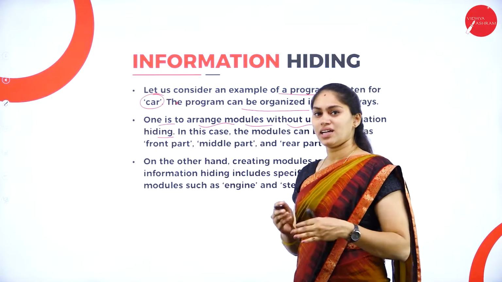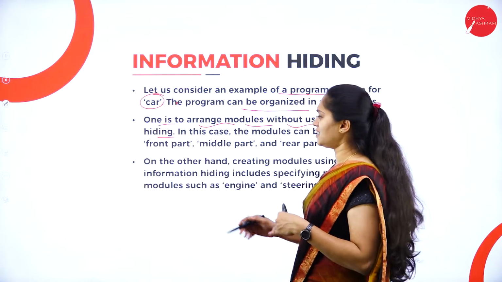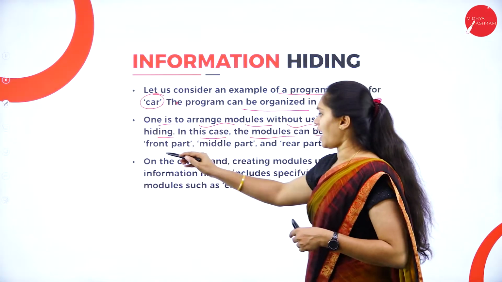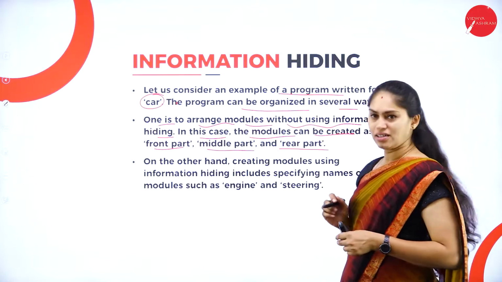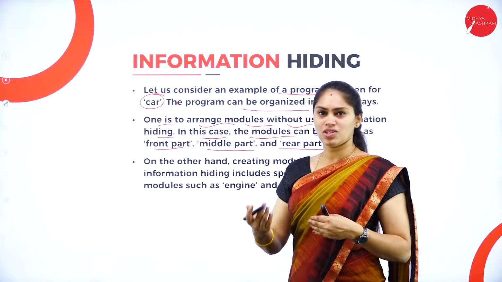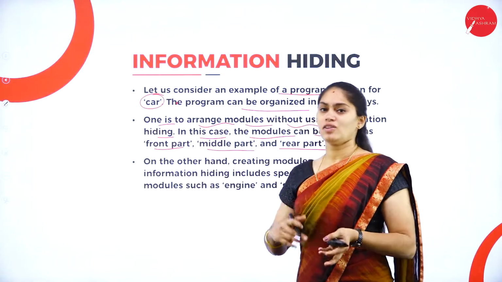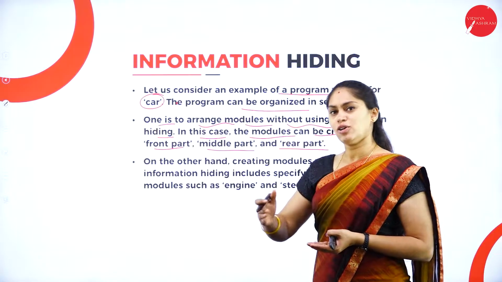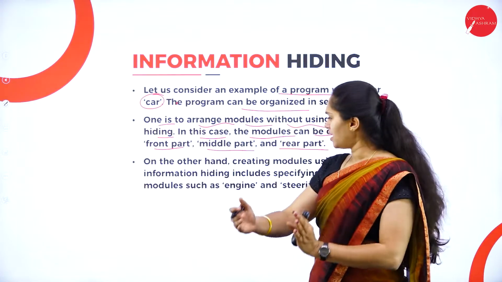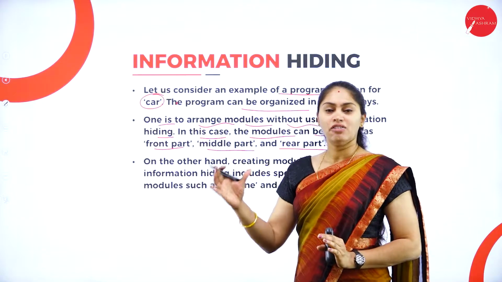If we are not using information hiding, the modules can be created as front part, middle part and rear part. When there is no information hiding, the modules are dependent on each other, and it is divided into front part, middle part and final part.